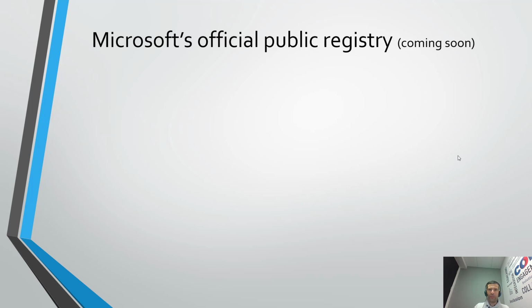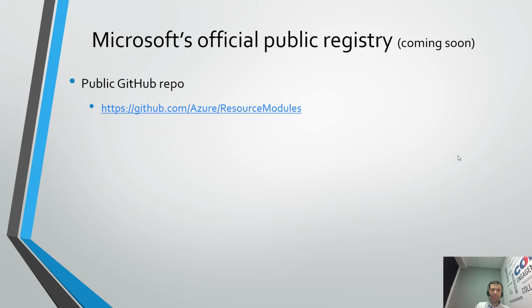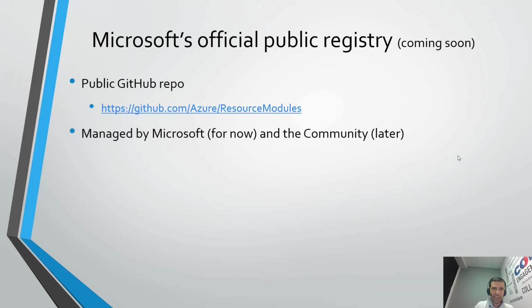Microsoft will have an official public registry. For now, it's basically a public GitHub repo that you can reach at github.com/azure/resource modules, and there you can find every module that Microsoft created. This repo is for now managed by Microsoft employees and will also be managed by the community later on.